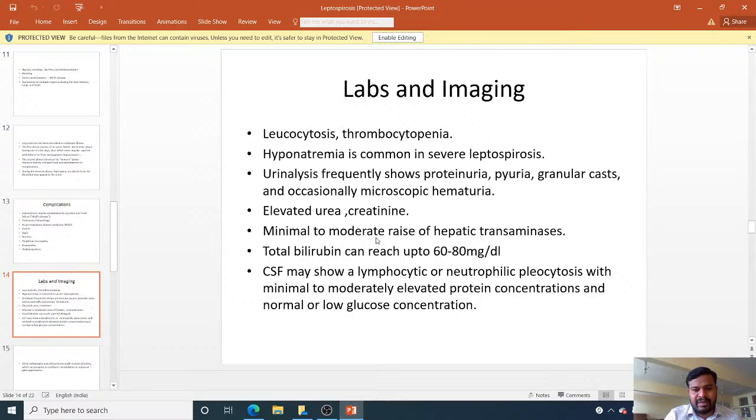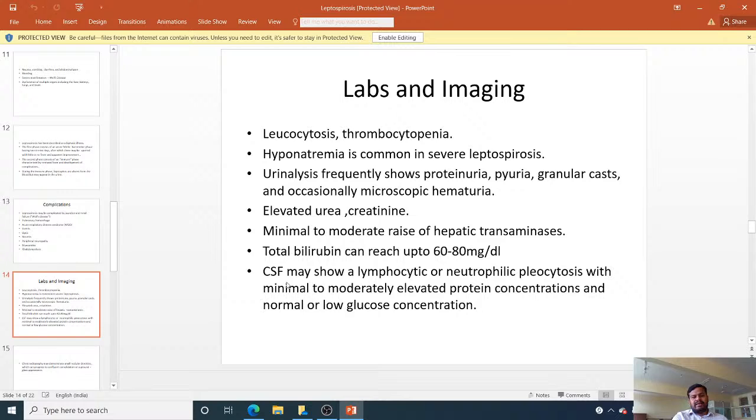You should keep this in mind so that you can differentially diagnose and not get confused with other diseases or viral illnesses.